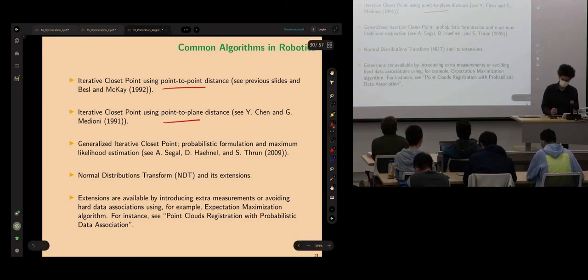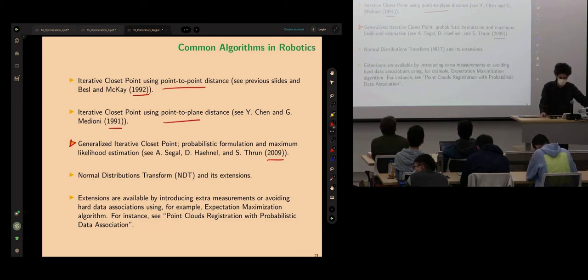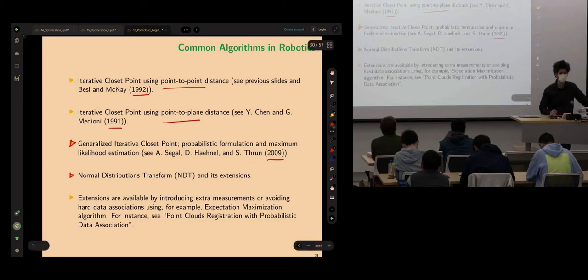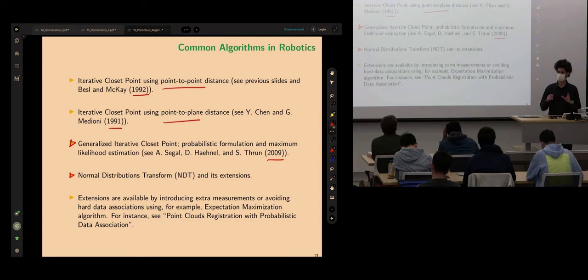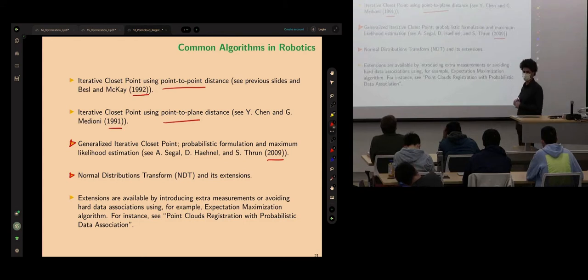So generalized ICP is what we talked about. These are from the 90s; in 2009, GICP was published. There's another class of methods called NDT, normal distribution transform. These are also interesting methods that voxelize the whole scene, and within each voxel there's a Gaussian distribution.